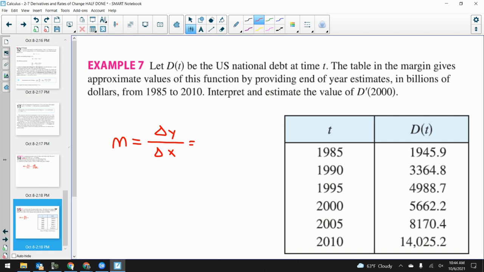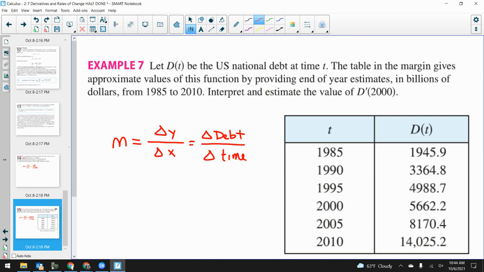That's the national debt. Change in debt divided by change in x. Well, what's x? It's time. Change in time. Okay, change in debt divided by change in time.